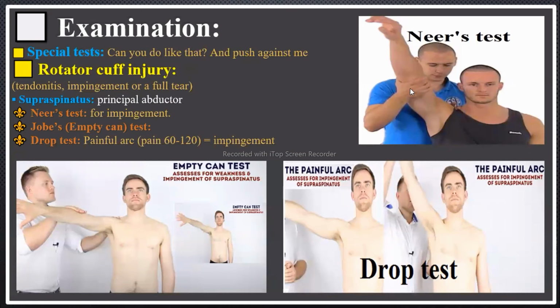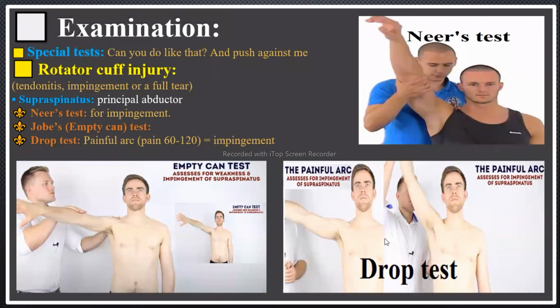So in the Neer test, you ask the patient to do abduction, and you also do rotation. The rotation will exacerbate the pain. Did you get my point? Okay. Do abduction, and rotate the arm, so it will exacerbate the pain. It means he has supraspinatus impingement.